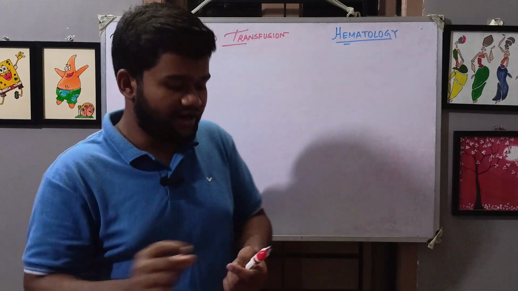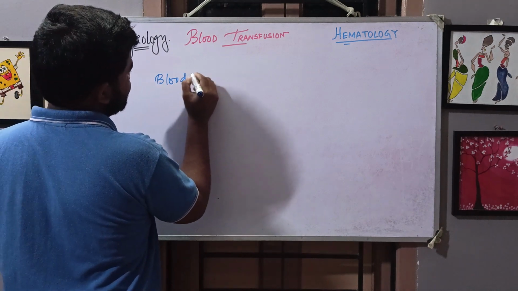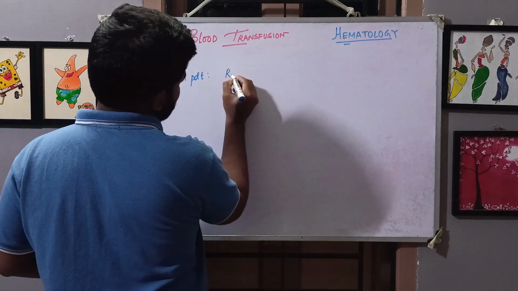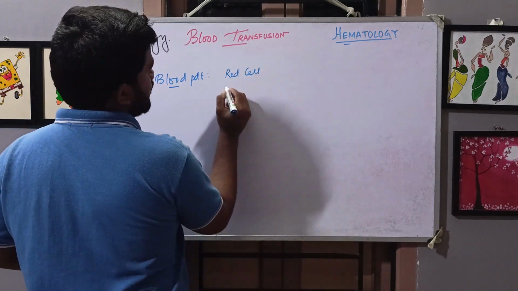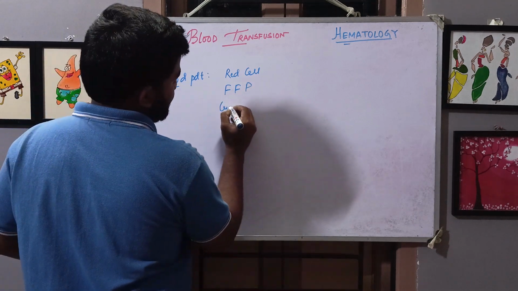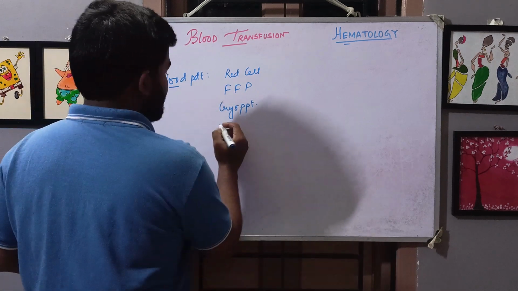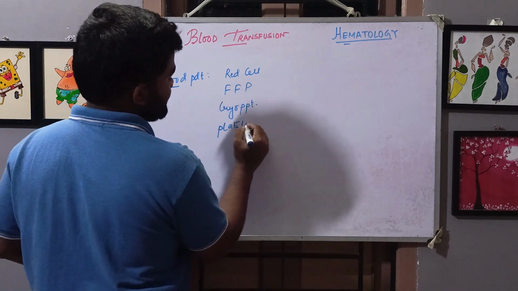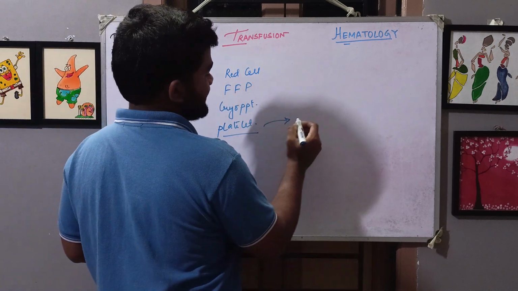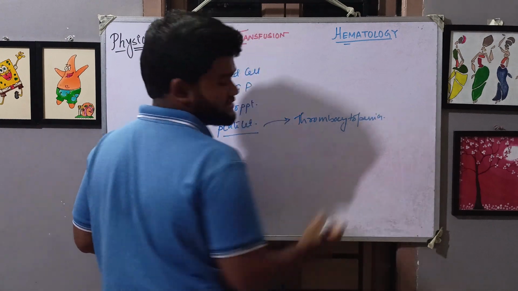What are these blood products? The blood products are basically some different supplements. For example, the red cell transfusion, or fresh frozen plasma transfusion, or cryoprecipitate transfusion, or can even be platelet transfusion. This platelet transfusion is done in case of thrombocytopenia to prevent hemorrhage.